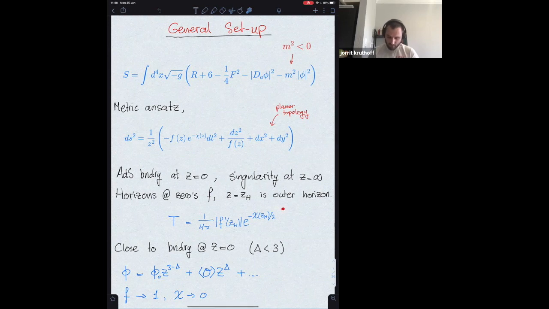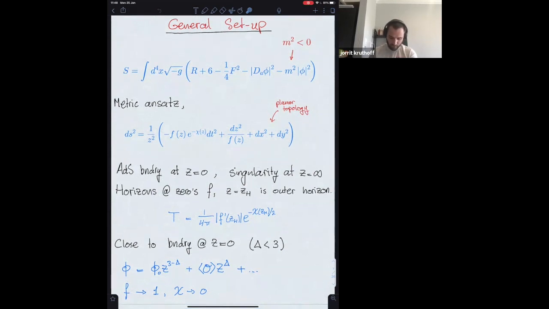The temperature of these black hole solutions that we will focus on is given by this formula. And close to the boundary, the scalar field has this particular behavior. So there's a source term here, and there is the expectation value of the scalar field.